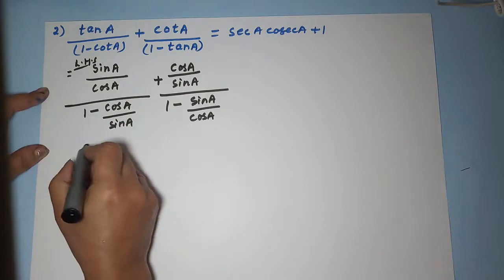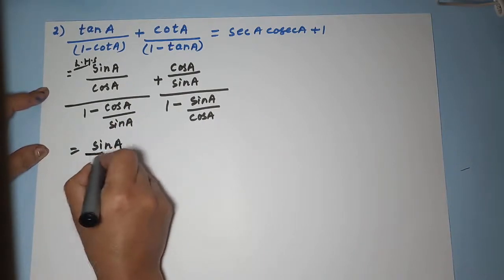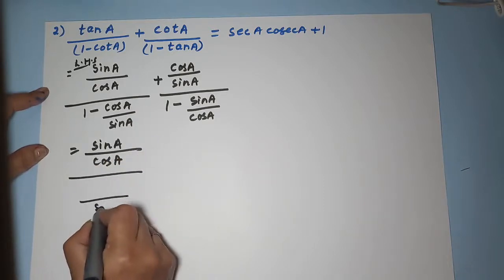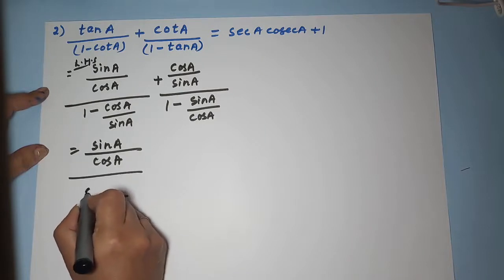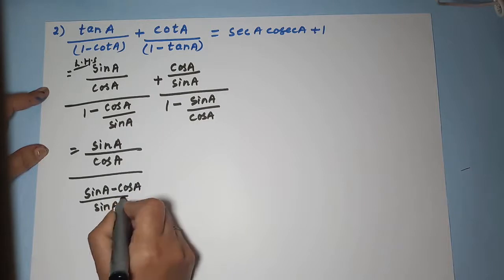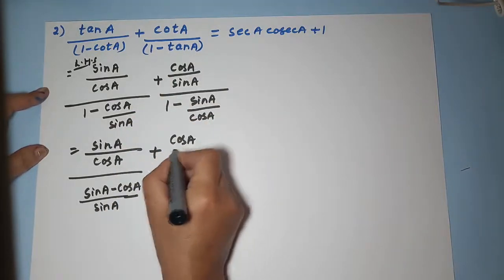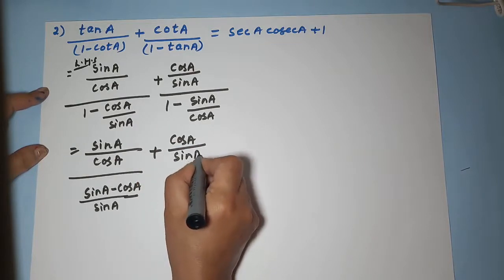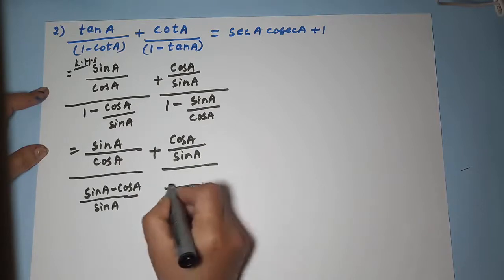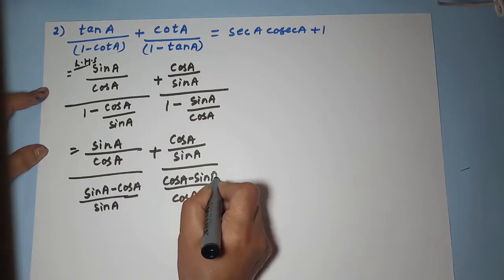Now here this can be written as it is, sin A by cos A. Here I can take sin A as LCM and I will get sin A minus cos A, right? Plus cos A by sin A as it is. Here I can take cos A as LCM. I am left with cos A minus sin A, right?